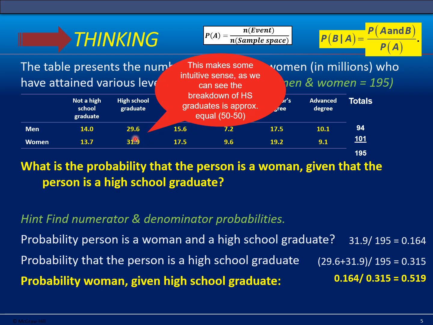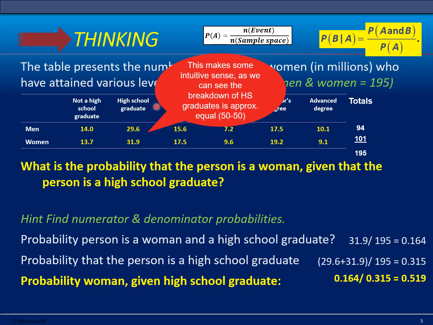And so we'd expect it to be right around that 50%, with it being a little bit higher because there's more women. So I think this is a real logical answer that we could almost intuit.